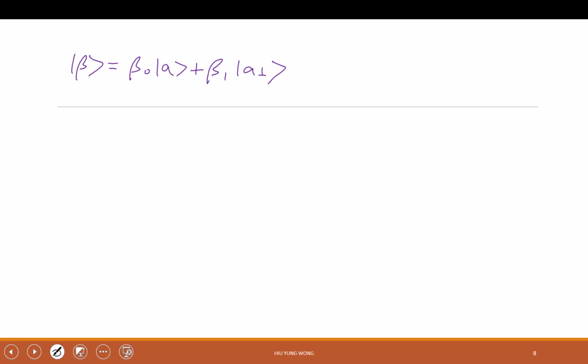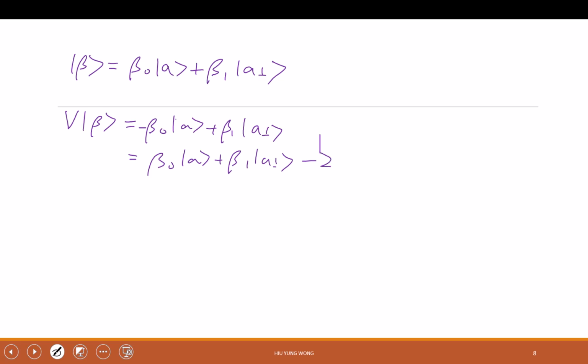Then if I apply V to it, I will get negative beta 0 A plus beta 1 A perpendicular. So I can rewrite this as beta 0 A plus beta 1 A perpendicular minus 2 beta 0 A, sorry.